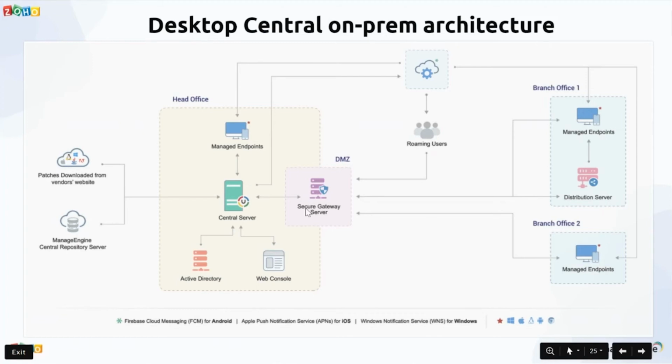With Desktop Central, you can manage multiple domains as well as workgroups. You can deploy configuration targeting Active Directory groups and organization units. So this is how the Desktop Central architecture is deployed in an enterprise on-premise solution.